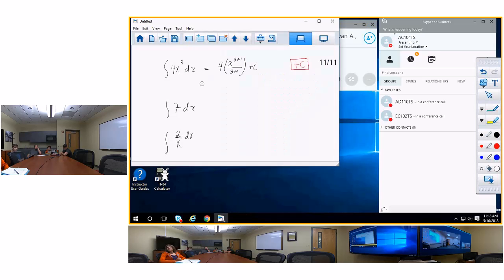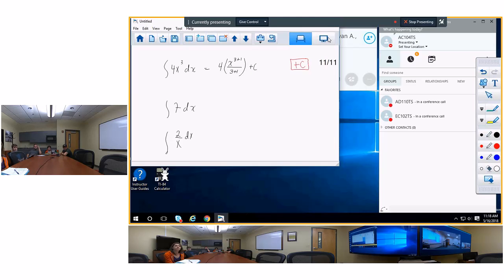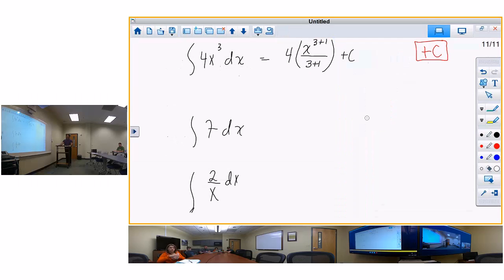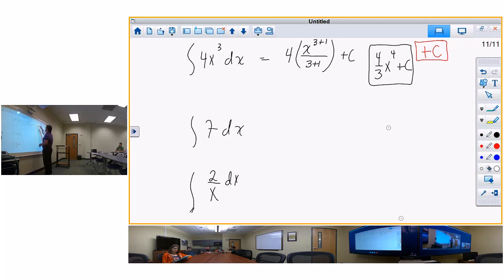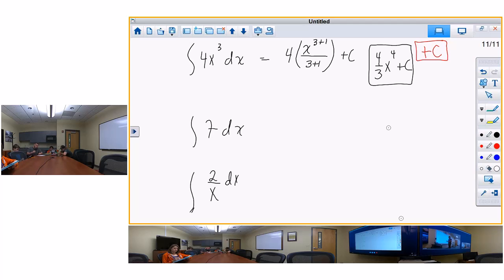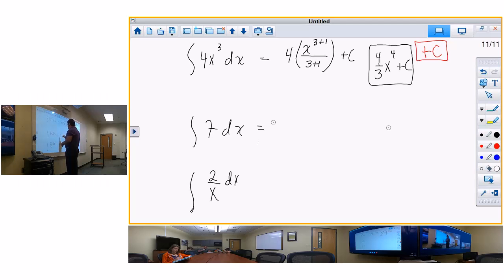You're moving. All right, so the antiderivative there simplifies to what? 4/3 x to the 4th. Somebody check me. 4/3 x to the 4th plus C. This one, you can actually break this one up into 7 times the antiderivative of dx.